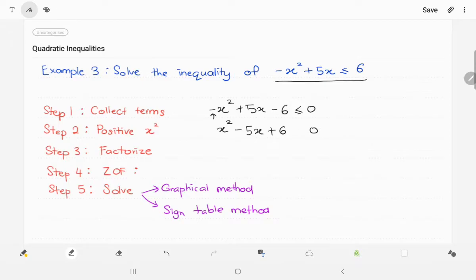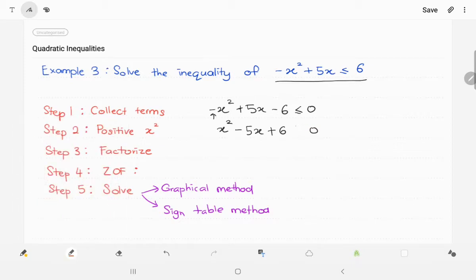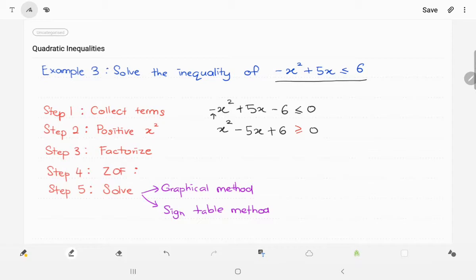So how about the inequality? When you divide or multiply by a negative number, the inequality sign will change, and your signs will turn into positive, negative, positive. Most importantly, the sign will change. This is less than, changed to greater than.